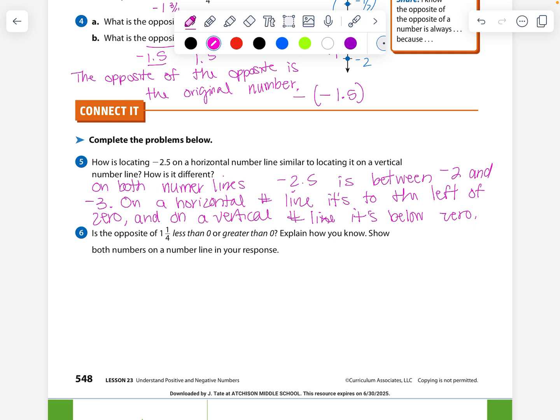Last one. Is the opposite of 1 1/4 less than 0 or greater than 0? Explain how you know. Show both numbers on the number line in your response. So since 1 1/4 is positive, the opposite will be negative. So it's going to have to be less than 0.